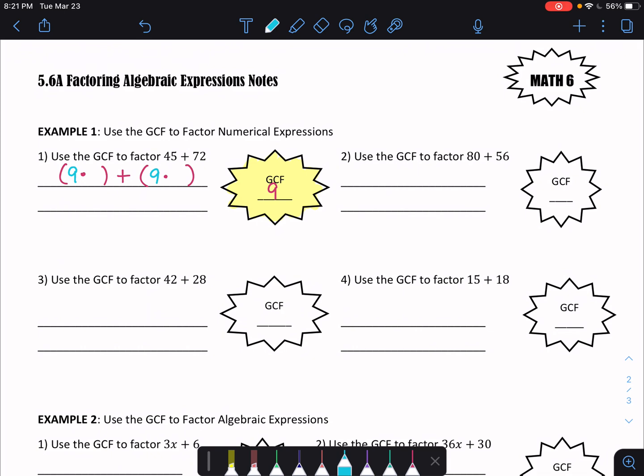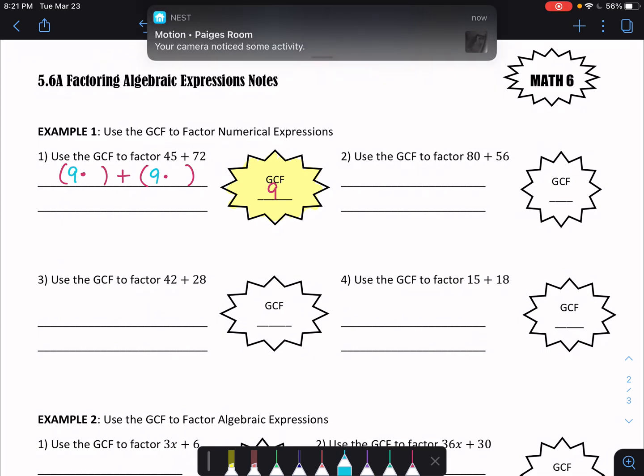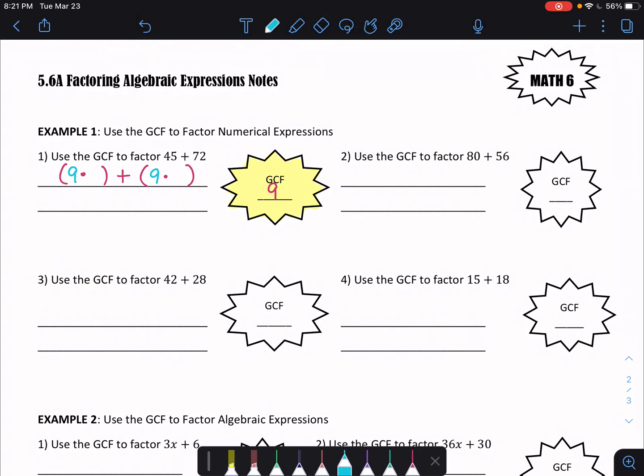So I'm going to write each term, 45 and 72, as factors with 9 first. And I've already said that 9 times 5 is 45, and 9 times 8 is 72.